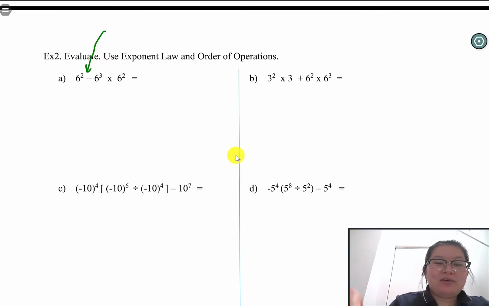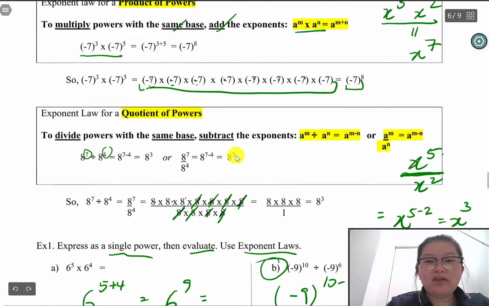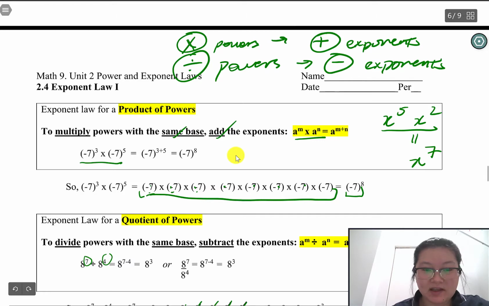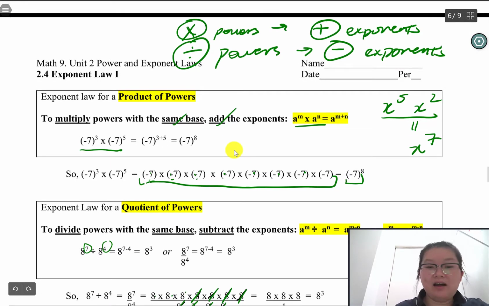Because remember, the only reason we are able to add exponents using the exponent law is because the two powers are multiplying one another. And it's only by multiplying one another you're going to get more spaces that are multiplying one another.